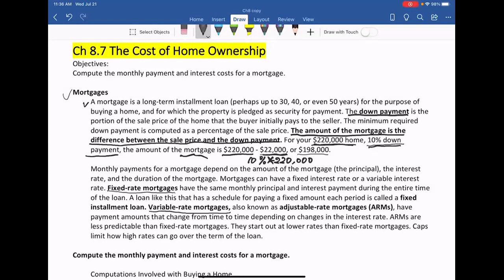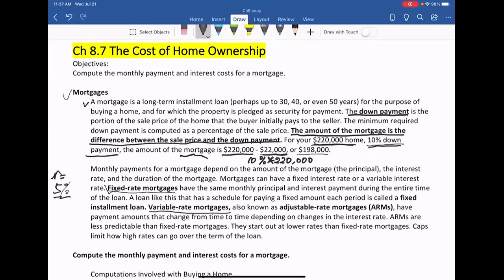For my home, I chose the fixed rate mortgage because the rate is fixed. For example, the rate is 5%, so they will never change the rate.